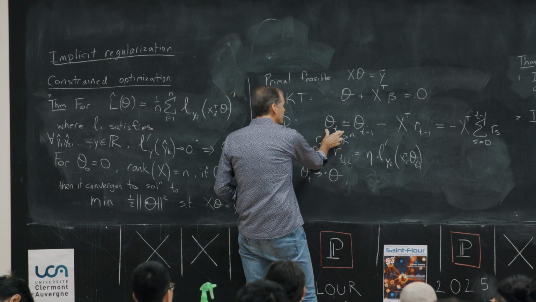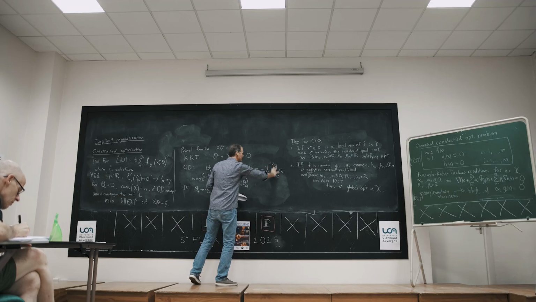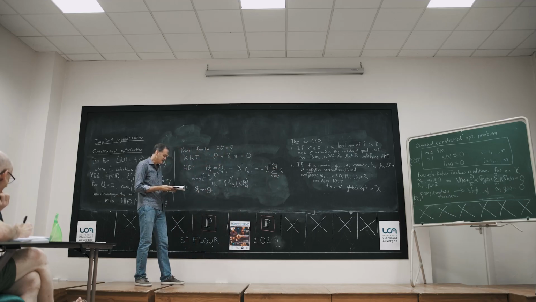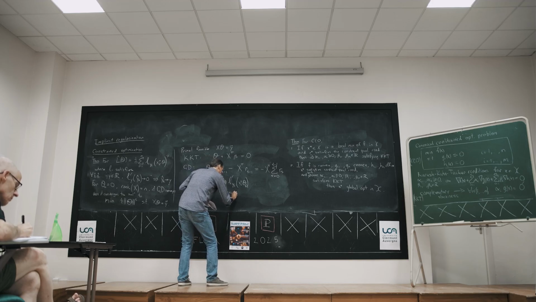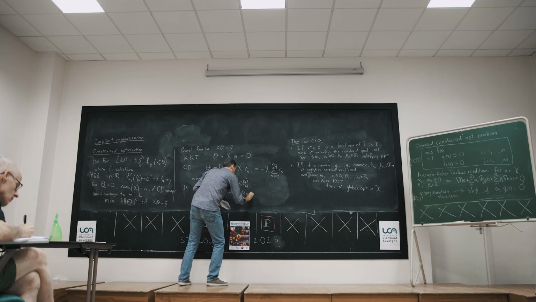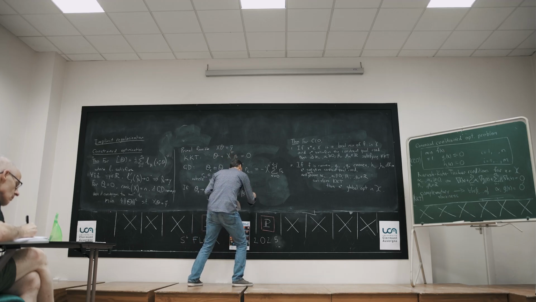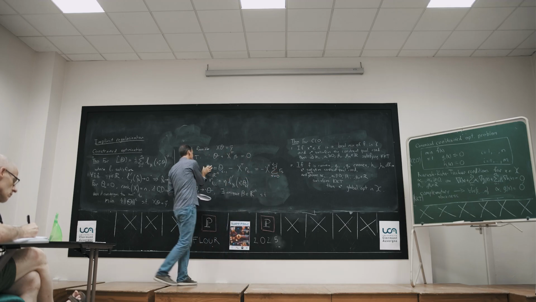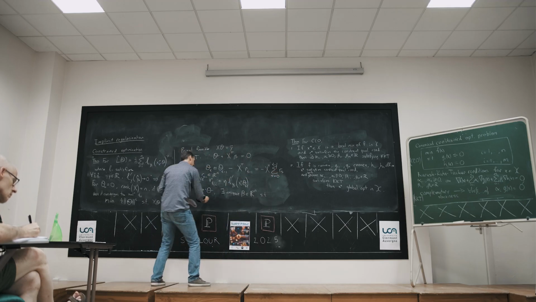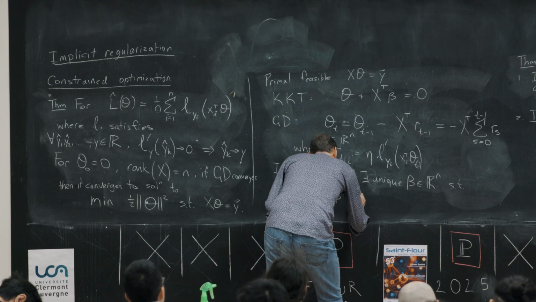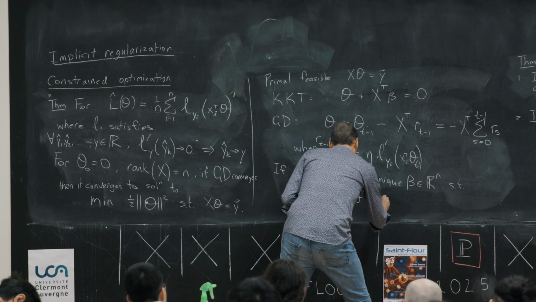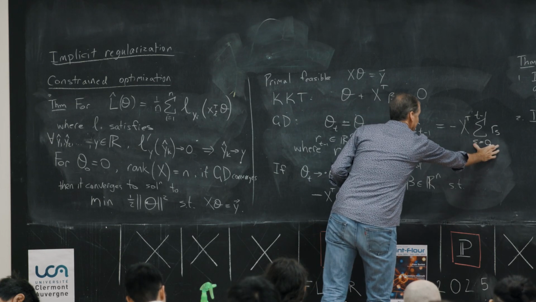then this thing, negative x transpose that stuff, approaching theta, implies there's a unique beta in R n such that negative x transpose beta is the thing that we're approaching, and that's what we're converging to.